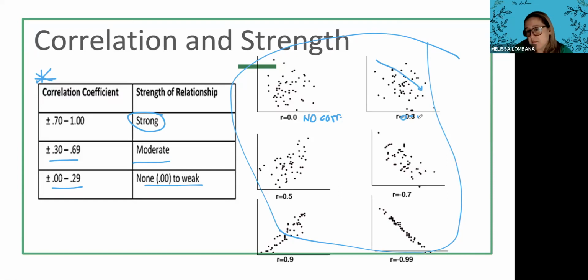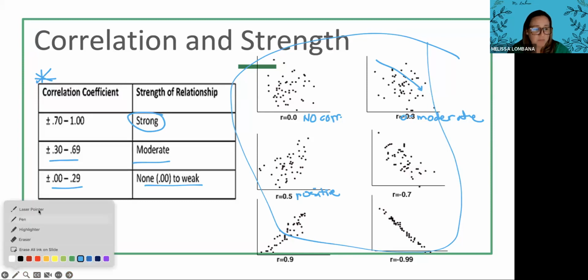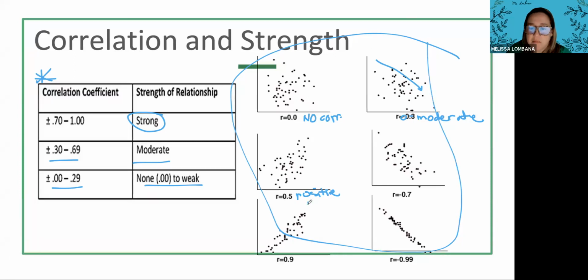So this would be a moderate negative correlation. And then we have this one, which would be positive, and it would be moderate.